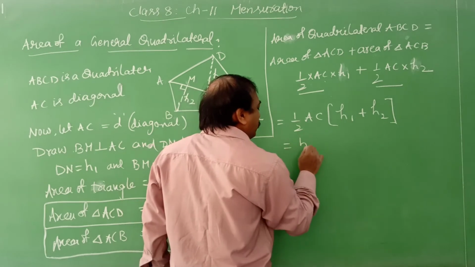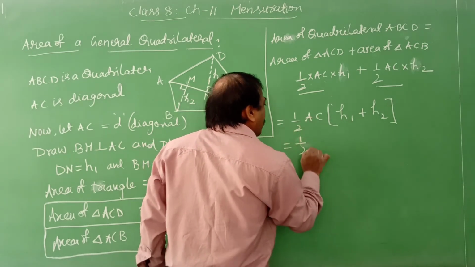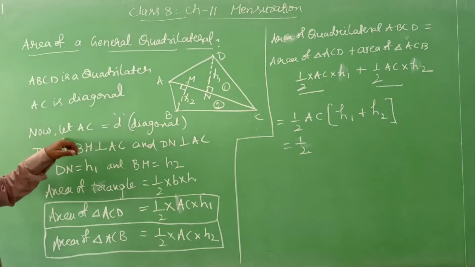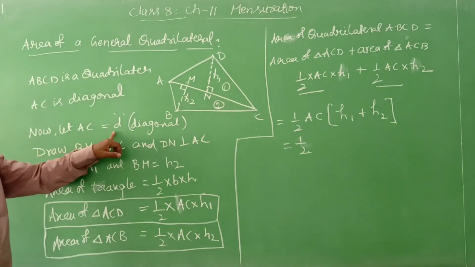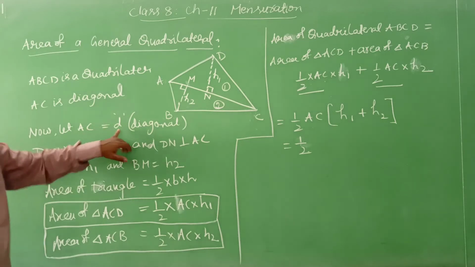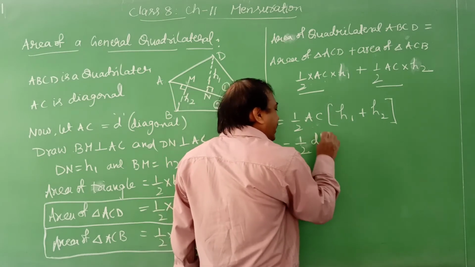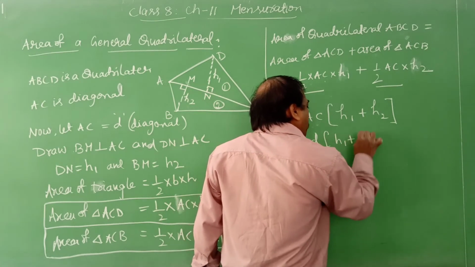Which is equal to half into, observe, the diagonal AC. AC is the diagonal, and we have denoted its length with D. So half into D into H1 plus H2.